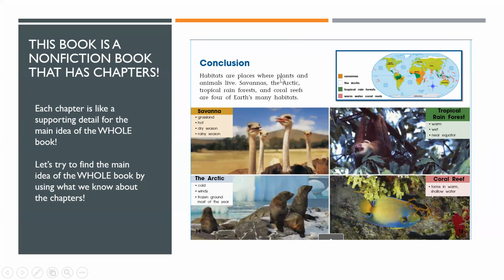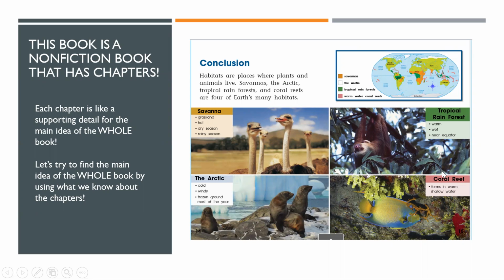Habitats are places where plants and animals live. Savannas, the Arctic, tropical rainforests, and coral reefs are four of Earth's many habitats. So here we have the savanna that we learned about on Tuesday, and then you guys learned about the Arctic on your own.